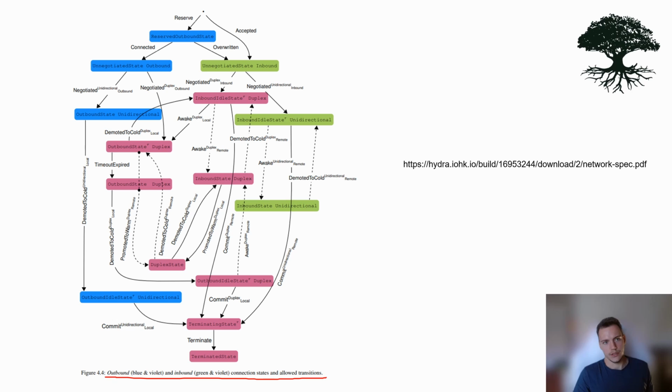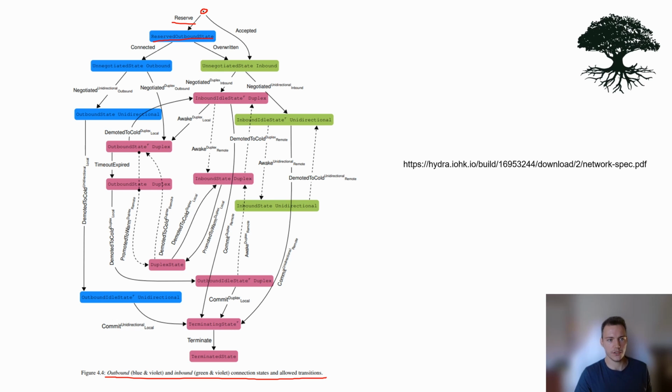We'll try to go through all of this. It may seem a bit complicated at first, but once you get into it, it makes sense. If we start from this starting point at the top, and look at the outbound connections first, we request a connection, and it goes to a reserved state.